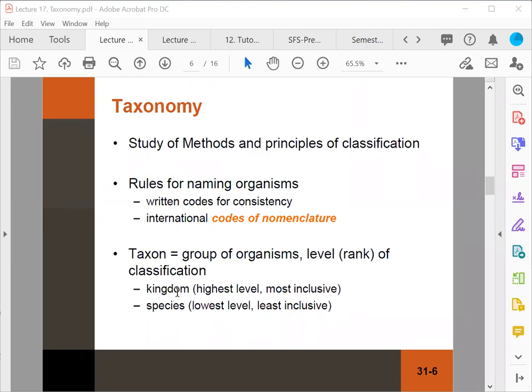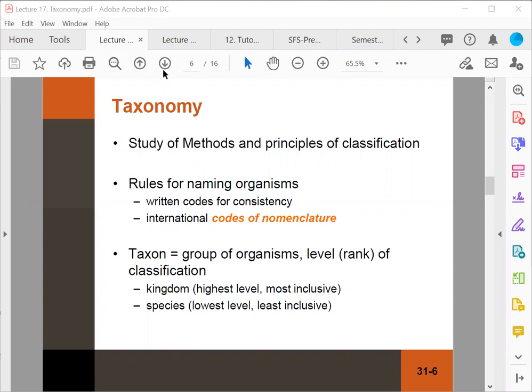It's the highest level, and it's the most inclusive taxonomic level because it includes everything below it. Whereas if you go to the bottom of the pyramid, you'll have the species level, the lowest taxonomic level, and it's the least inclusive because the species level only refers to a very specific species.